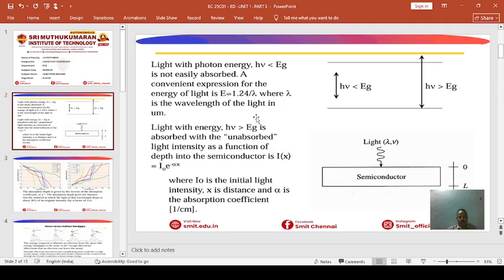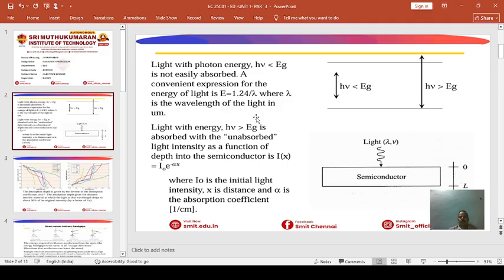For understanding purposes, we are going to see light with photon energy. Here hν should be less than Eg. hν is nothing but the photon energy, which will generally be less than the energy band gap. So it is a convenient expression for the energy of light.